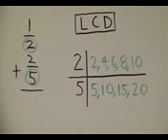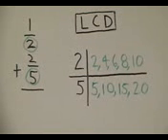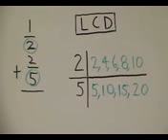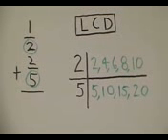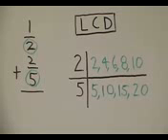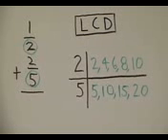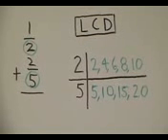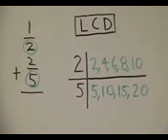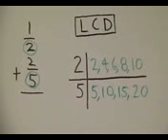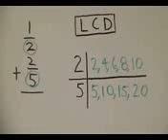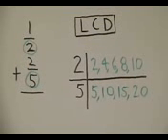Once we do this, we look for common multiples. In this case, 10 would be a common multiple. Since it's also the least common multiple, 10 will be our LCD. If you couldn't find any common multiples, you'd keep multiplying out until you get a common multiple.